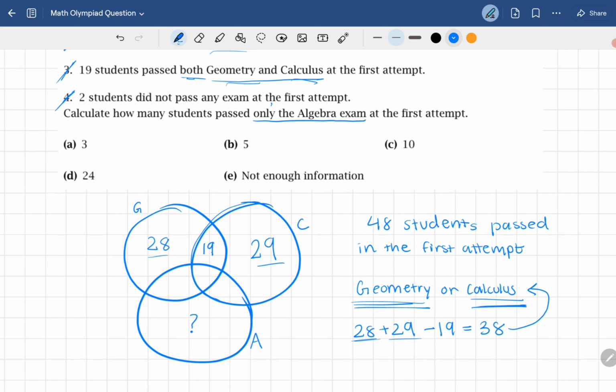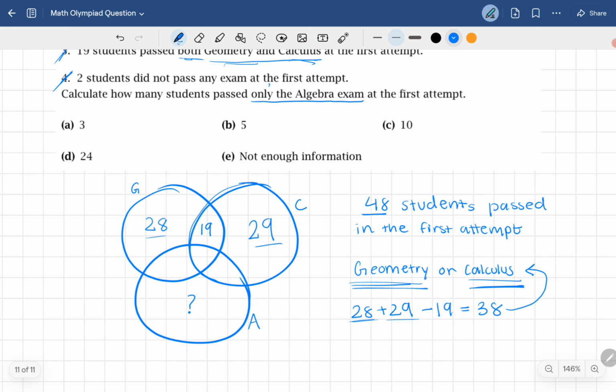Now, this is where the 48 students who passed in the first attempt come in handy. We know 48 students passed in the first attempt, and out of those 48 students, 38 passed geometry or calculus at the first attempt. So how do we find the number of students who passed algebra in the first attempt?